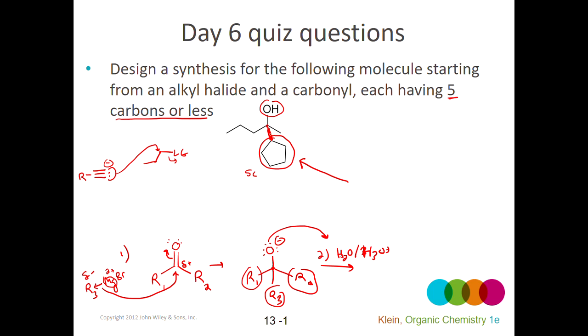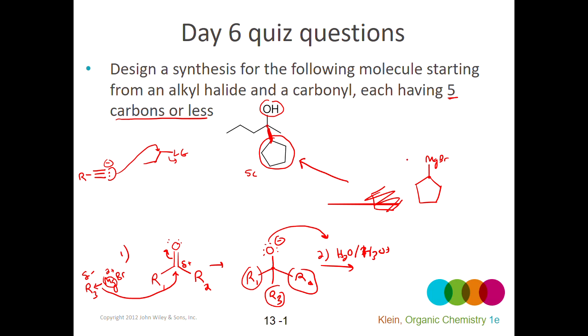So the idea is they're working backwards. If I start with the 5-membered ring and I make this carbon here connected to a magnesium, that would make this carbon nucleophilic. And it would attack the other carbon if the other carbon could accept those electrons by shifting electrons out.